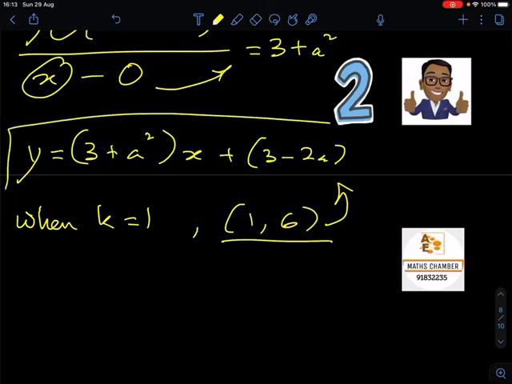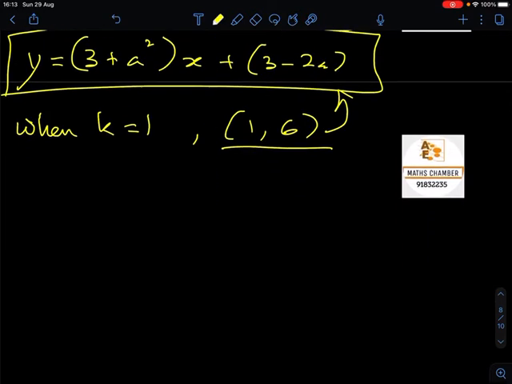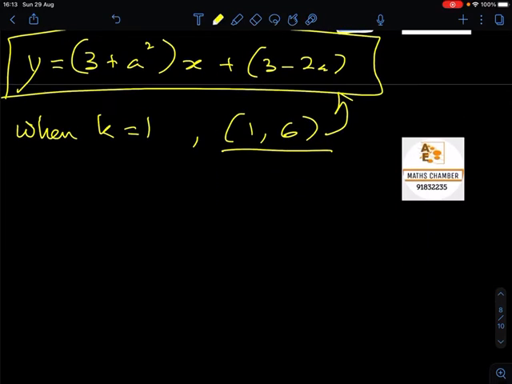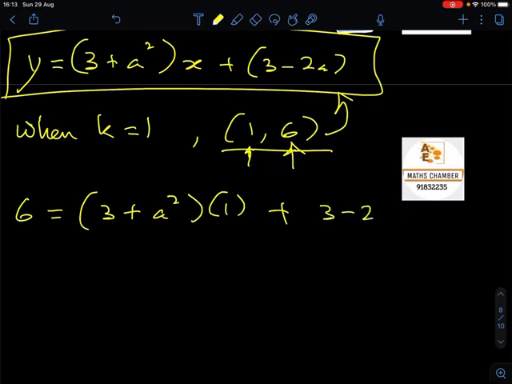So y is 6, equal to (3 plus a squared) times x, where x is 1, plus 3 minus 2a. Therefore 6 equals 3 plus a squared plus 3 minus 2a.